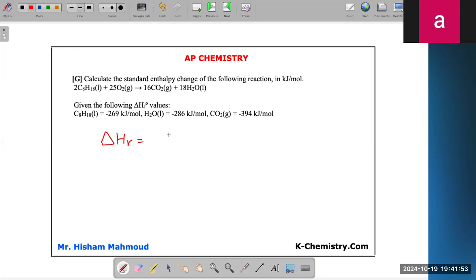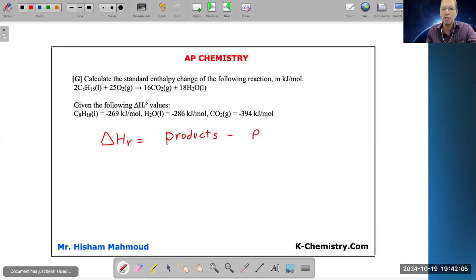It is the products minus reactants. Delta H of reaction always equals the sum of the enthalpy change of formation of the products minus the sum of delta H of the reactants.